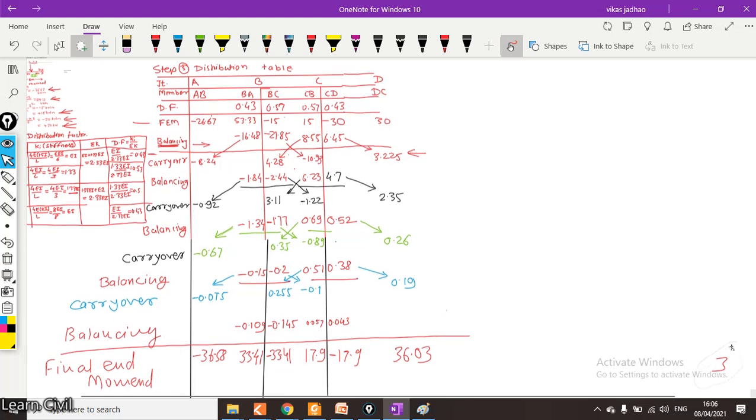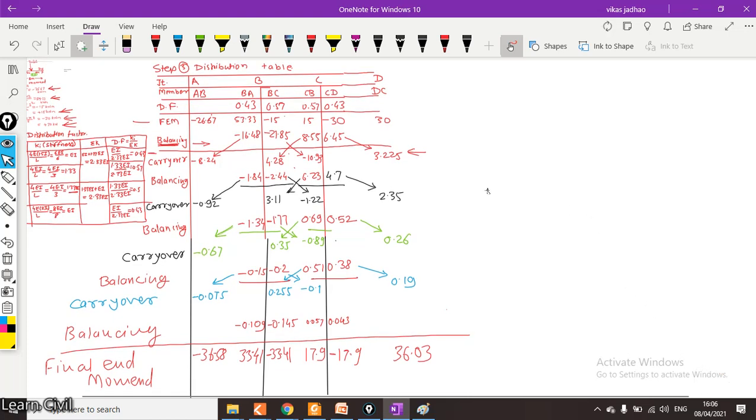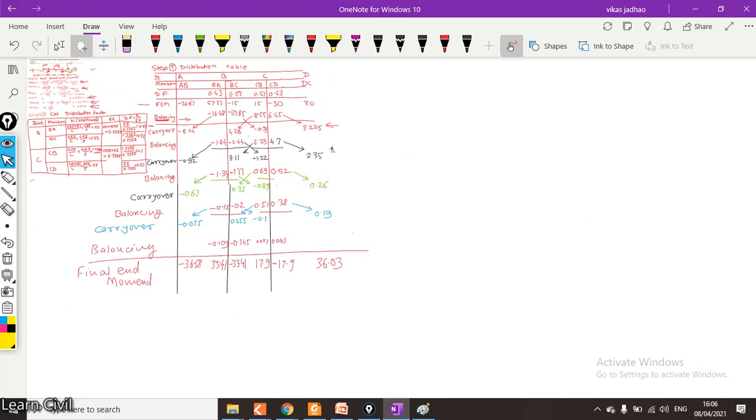Okay, so this is how the moment distribution is done, and the next step will be to draw the bending moment diagram.